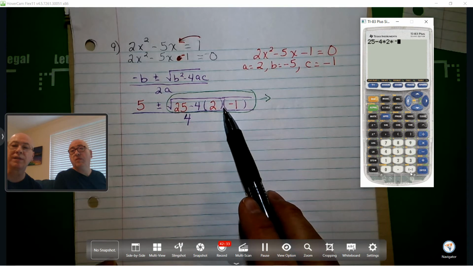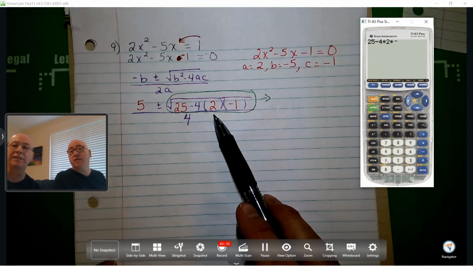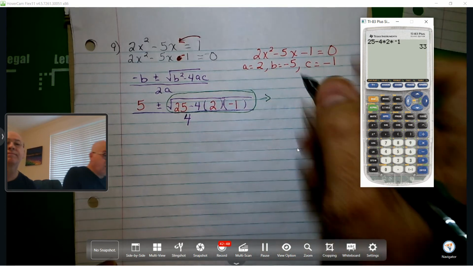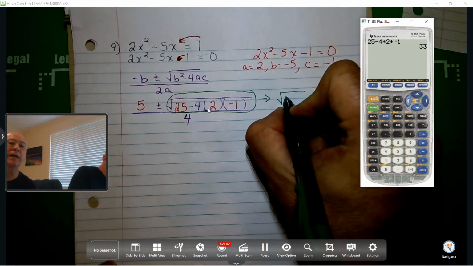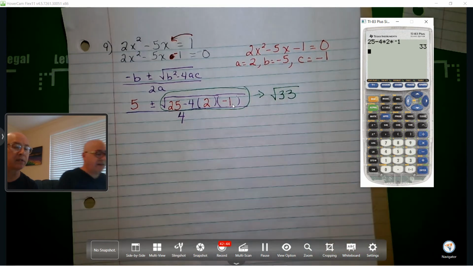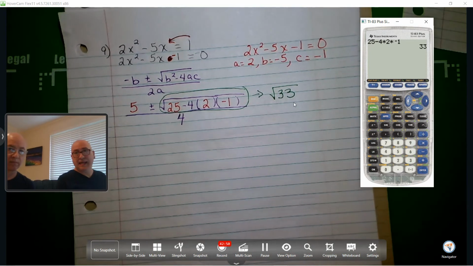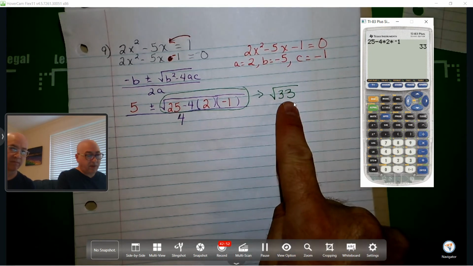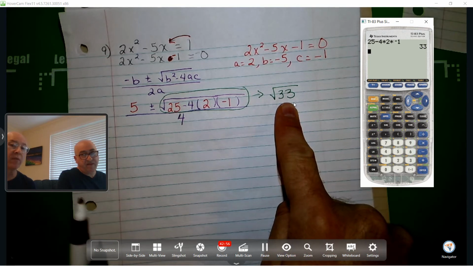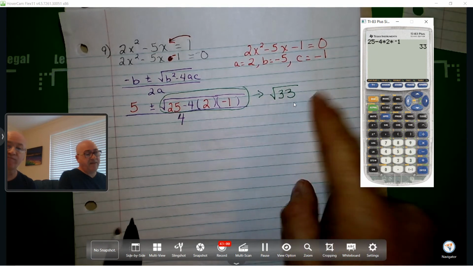Remember, you have to use the negative sign, don't use the minus sign. Equals. Negative times negative became a positive, so it was 25 plus 8. Positive 33. Now, why am I saying I like that? Can we simplify the square root of 33? It's not a perfect square. Are there any perfect square factors? 4, 9, 16, 25. No.